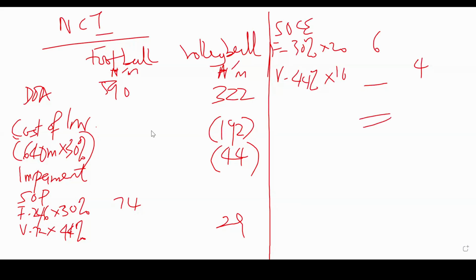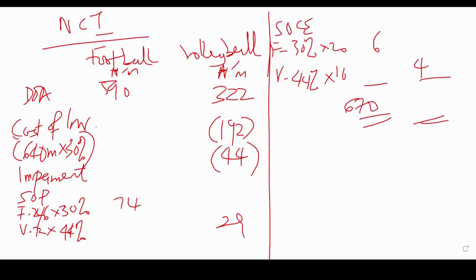So you add, you close off. 590 plus 74 plus 6. That's 80 plus 590. That should be 670. That will be the value of NCI under Football PLC.